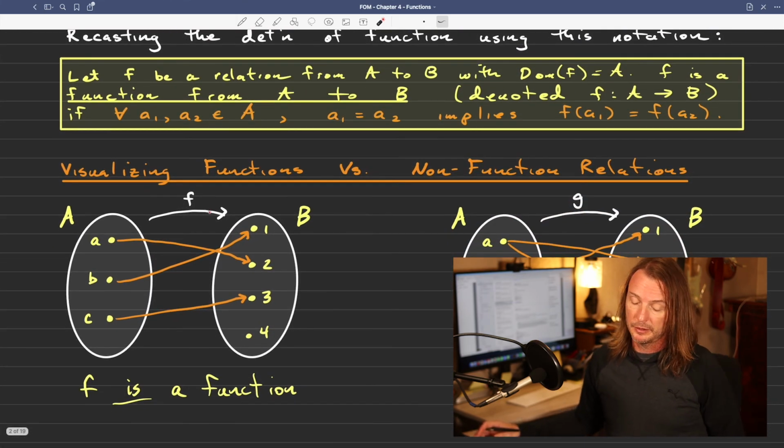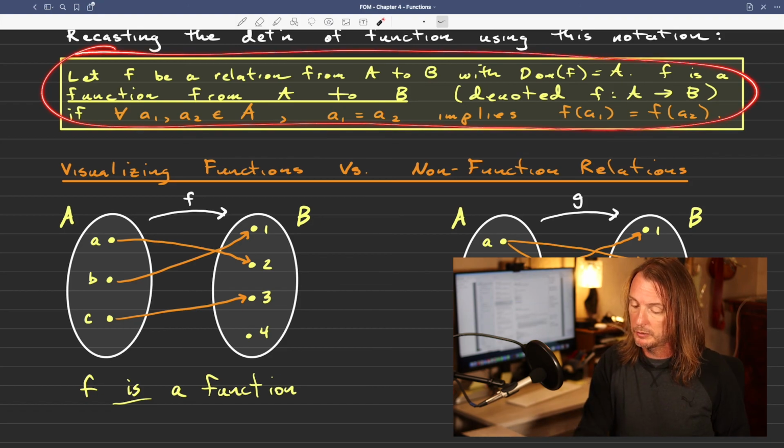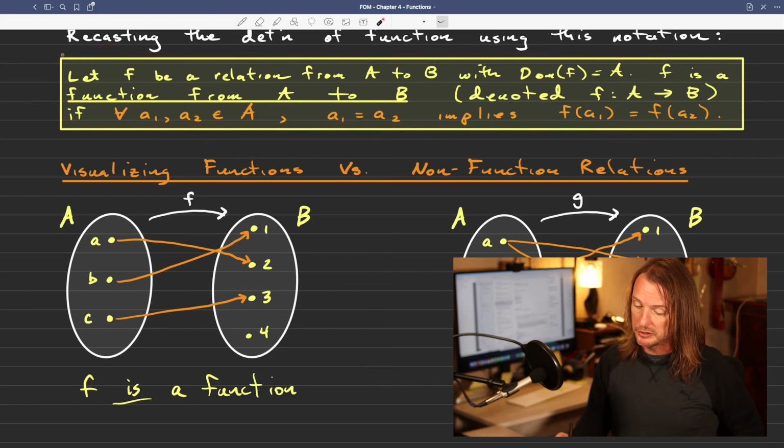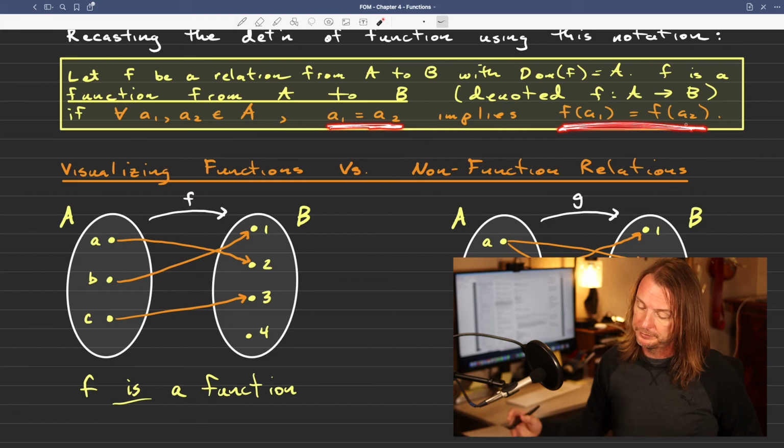The functional notation allowed us to recast the definition of function like what we have in the box here. We can think of that as equal inputs implies equal outputs when you're talking about the function property.